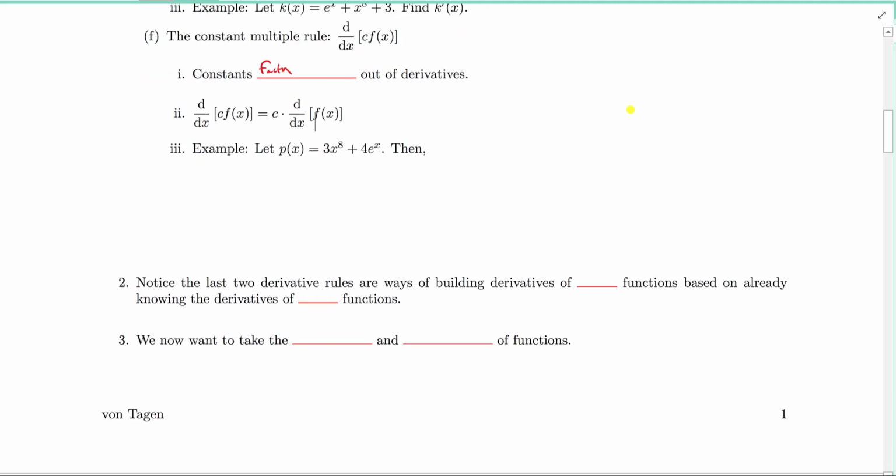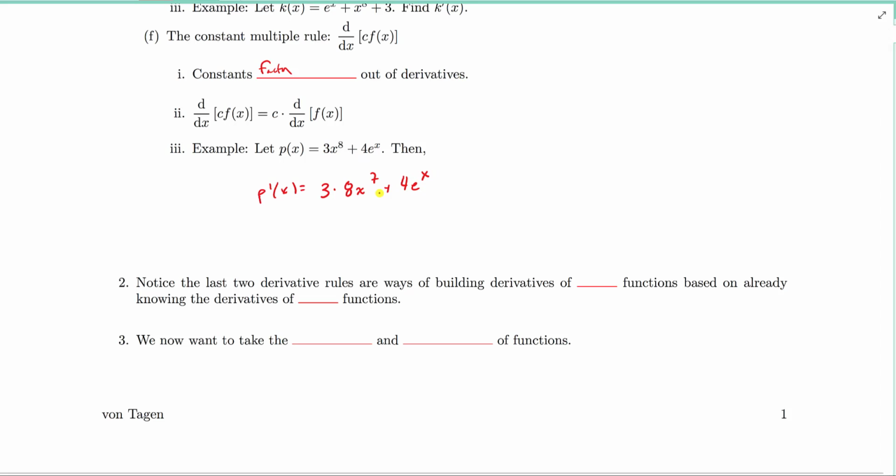Let's work this one together. We find that p prime of x is equal to 3 times 8 x to the 7th plus 4 e to the x. In both these cases, the constant 3 and the constant 4 came along for the ride. I actually used several other derivative rules here.